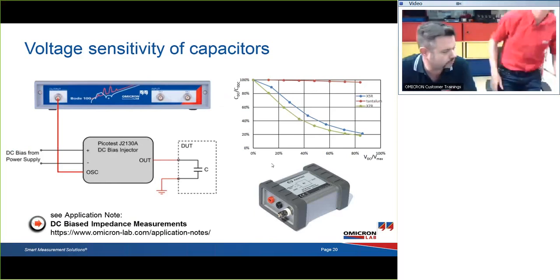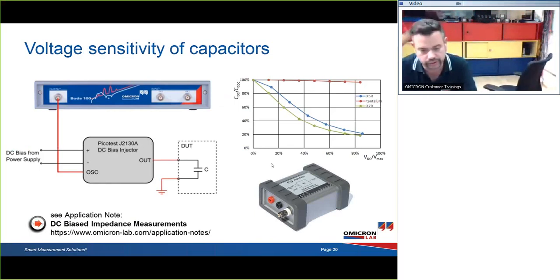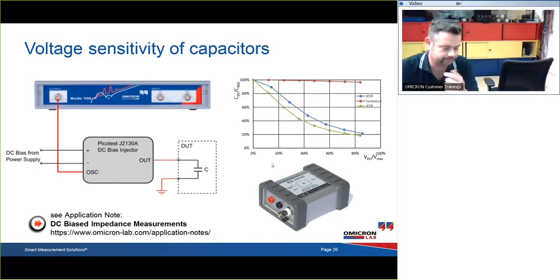We once had a case with a customer. He had a very nice calculation sheet from a manufacturer of regulators and regulated chips, in fact, and he calculated everything correctly, and then he measured with the Bode 100 and he got totally different results.